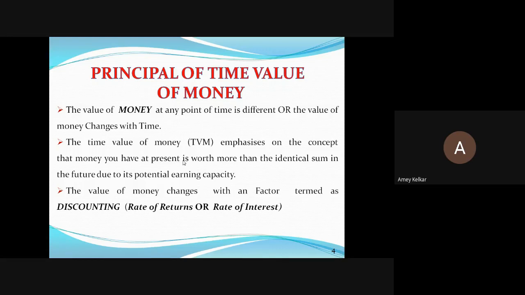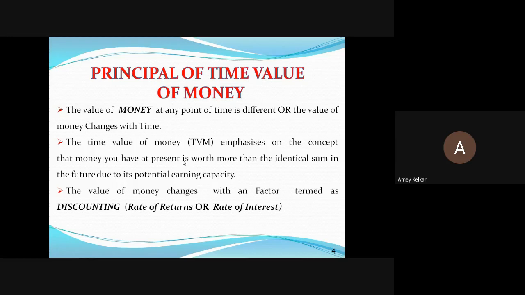So when you say discounting factor, it means how much interest you are getting or how much you have to pay. Always remember that as per the principle of time value of money, money always grows. If you keep the money stagnant, you are at a loss. As Shabaz said rightly, if you keep 10,000 with you for 5 years, it will be 10,000 only.